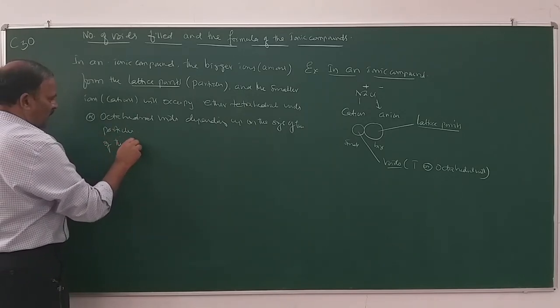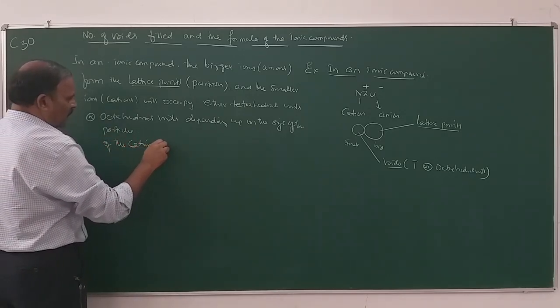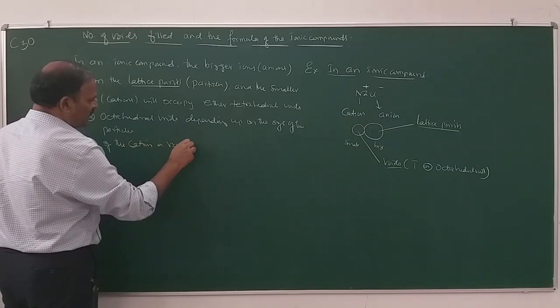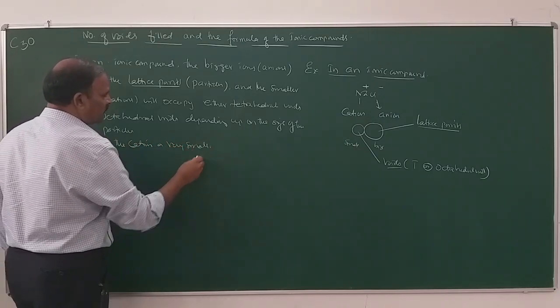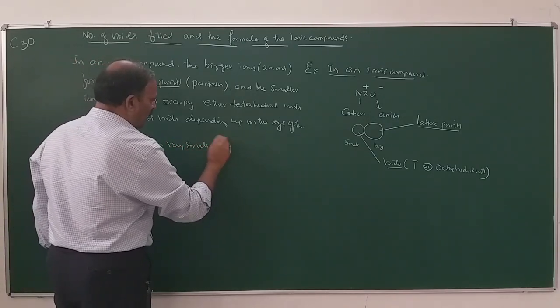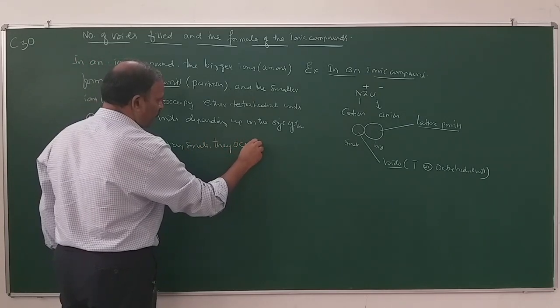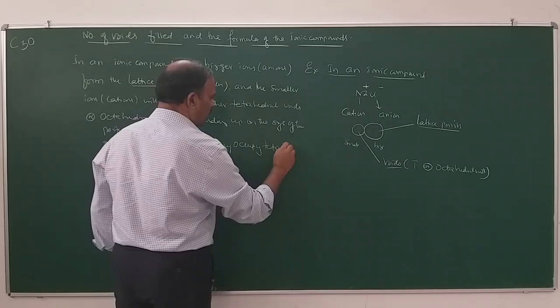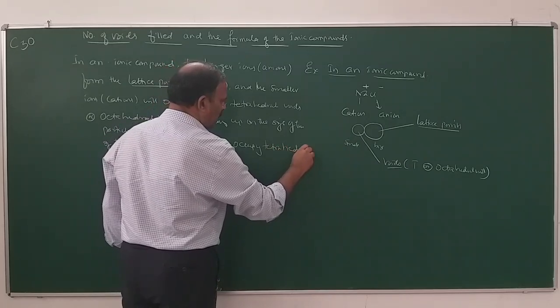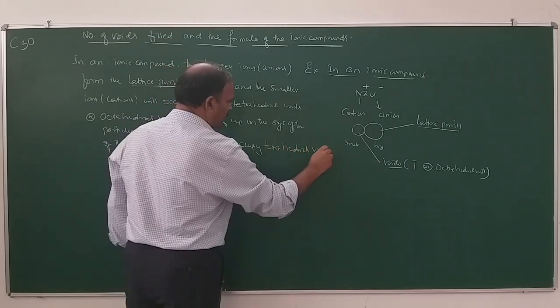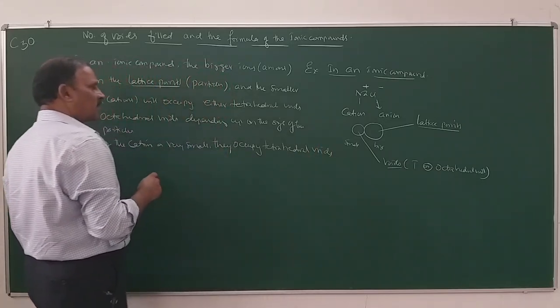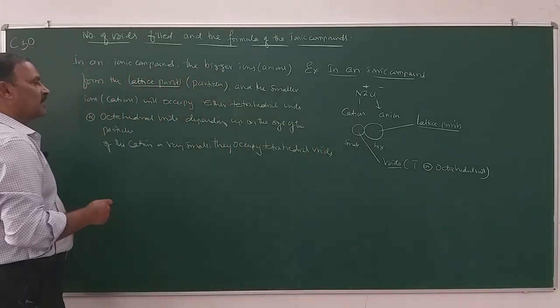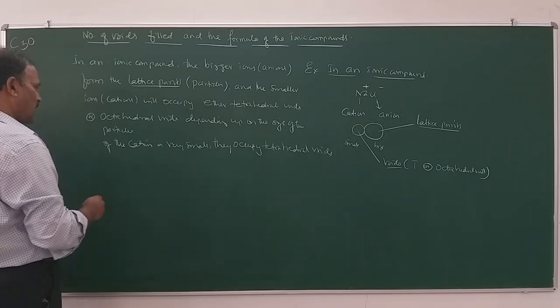If the cations are very small, they occupy tetrahedral voids, because the size of the tetrahedral voids is less than the size of the octahedral voids.